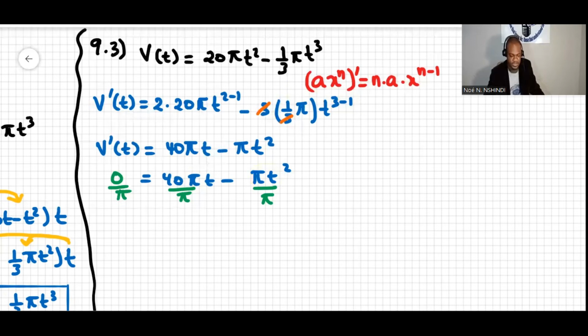Okay, what I did earlier was, let's just do it this way: I can just take pi t as a common factor. Let's do it.